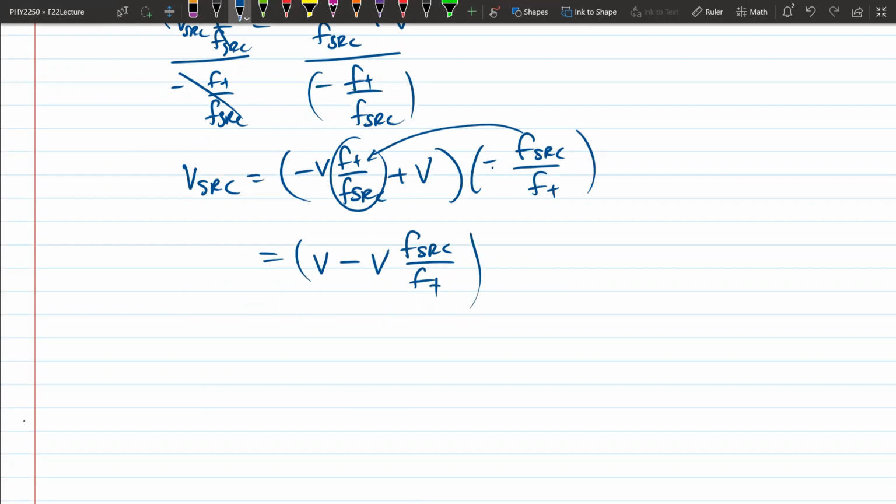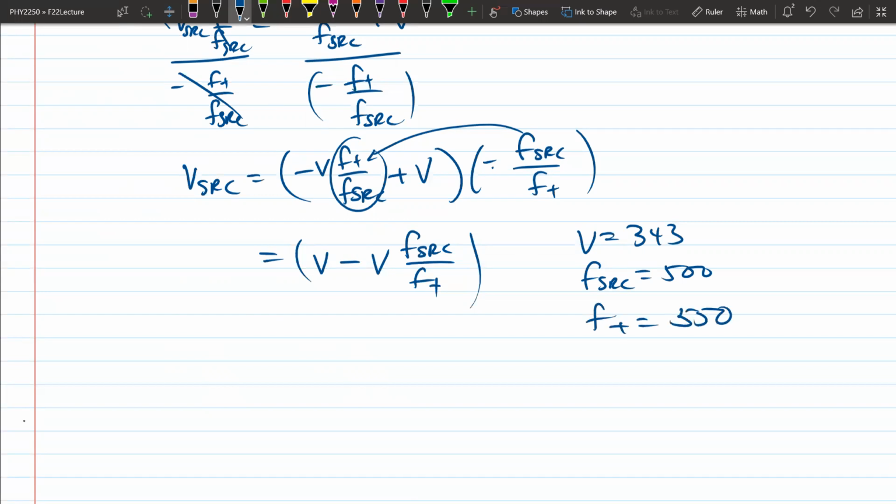So we have all these variables. The speed of sound was 343, and then F source was 500, and then F plus was 550.